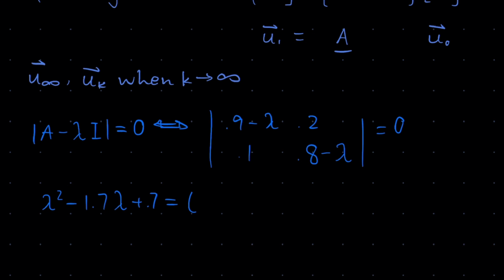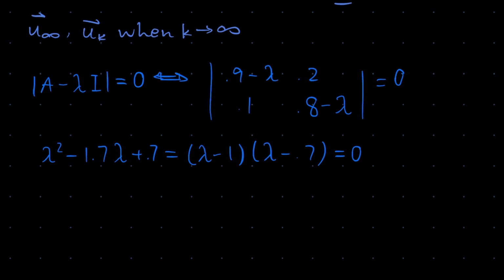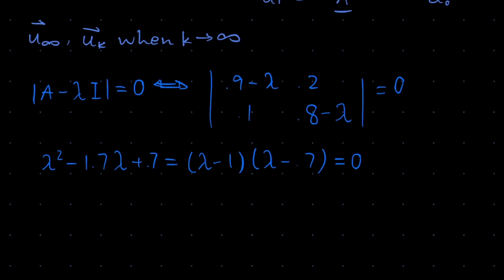That is equal to lambda minus 1 times lambda minus 0.7. We basically factorized it into two binomials, and that is equal to 0. Now, using common GCSE math, we know that for a quadratic we only have two roots. So, lambda 1, our first eigenvalue, is equal to 1, and lambda 2 is correspondingly 0.7.